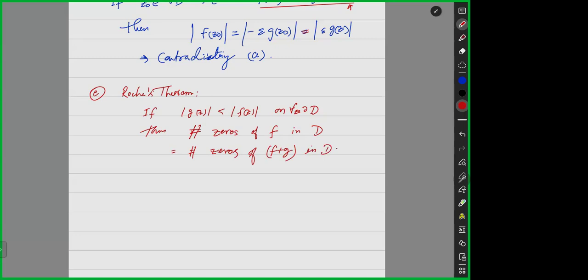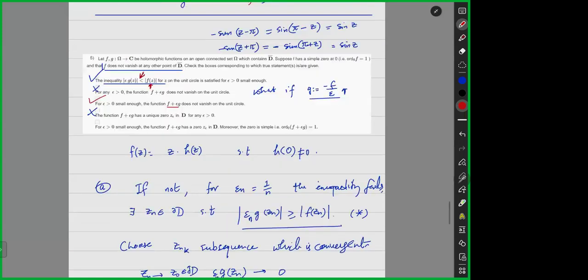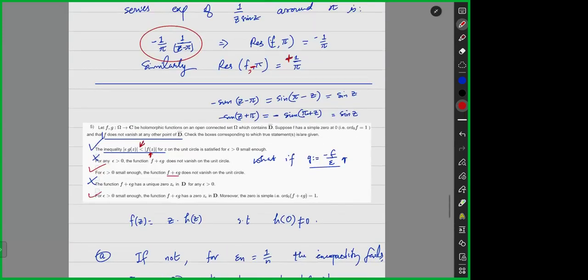So on the boundary, if g is less than f, then the number of zeros of f equals the number of zeros of f plus g. This is the correct statement, using A and Rouche's theorem.